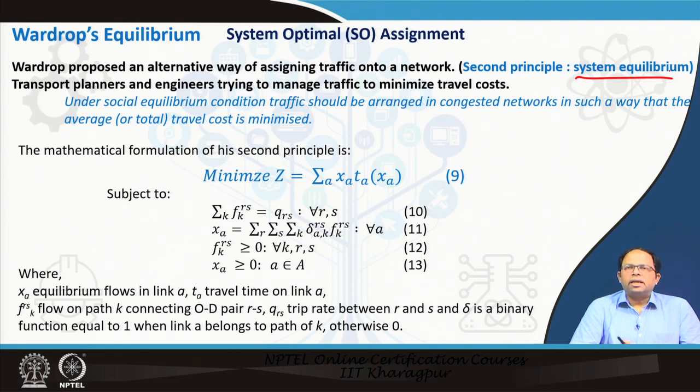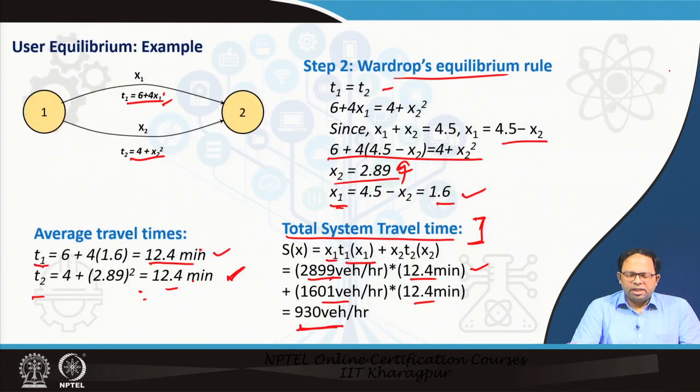So, that means we have to multiply the total volume in each link by the travel time of each link, and this has to be minimized. If you remember from our previous example, S(x) equals x1 t1(x1) plus x2 t2(x2). This is the total system travel time, where we have the volume and the time spent.